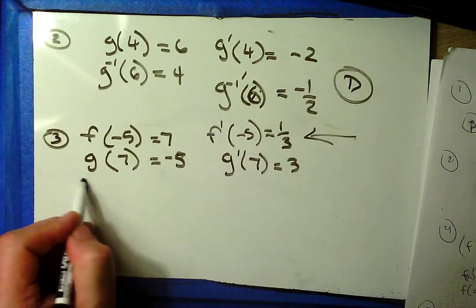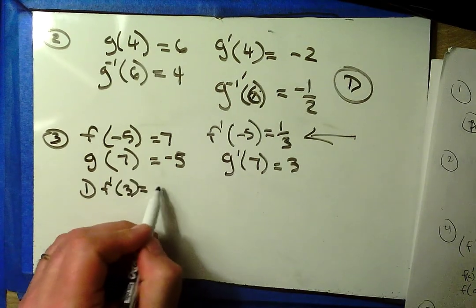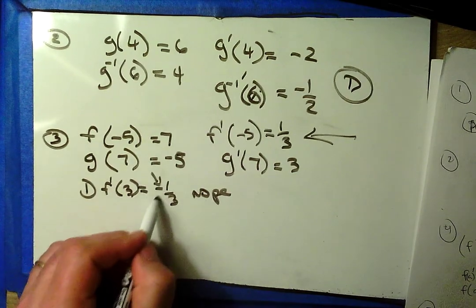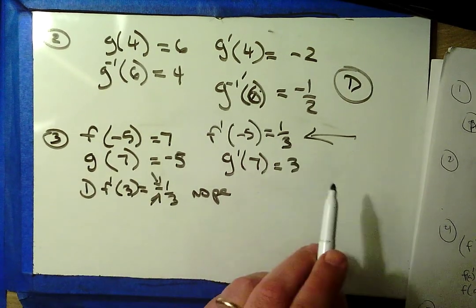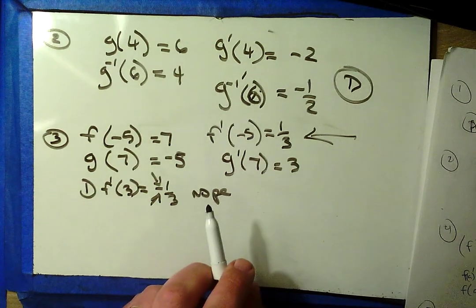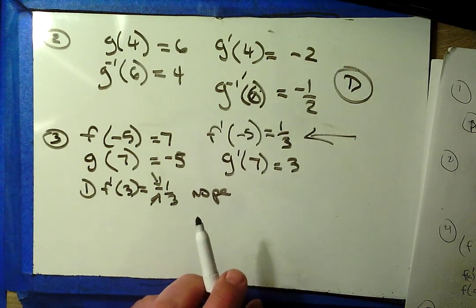So 1, where it says f prime of 3 equals negative 1/3, nope, we can't have that opposite slope from our positive slope. We know that f and g are differentiable, but they also must be monotonic for them to be inverses of each other.